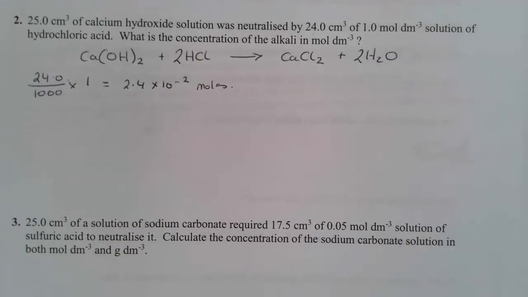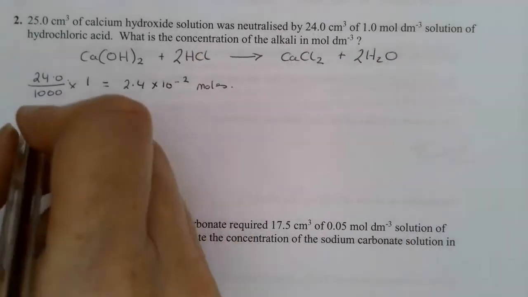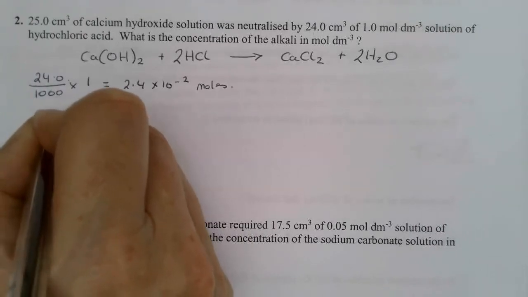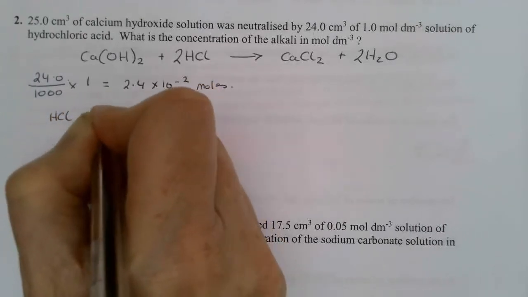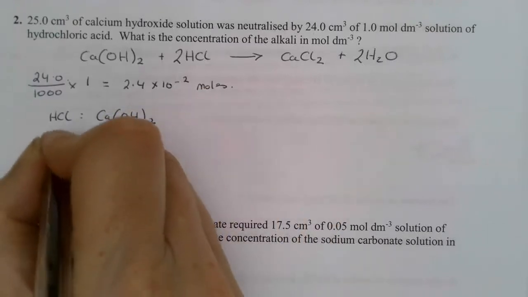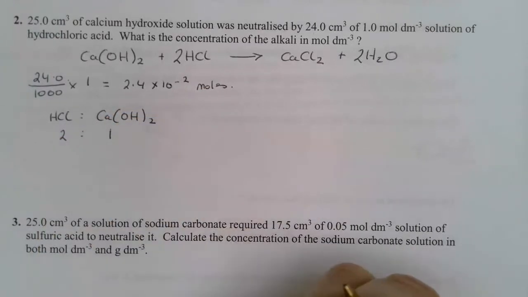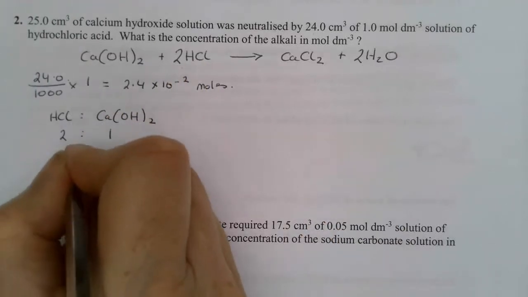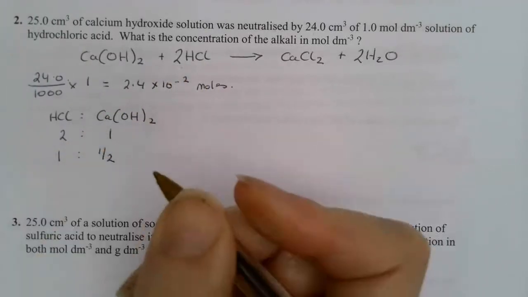Again, I need that molar ratio. So I've got what I know, in this case the HCl, versus what I want to find out, which is the calcium hydroxide. And this is a 2 to 1 molar ratio, 2 to 1. Another way of writing that is 1 to a half.